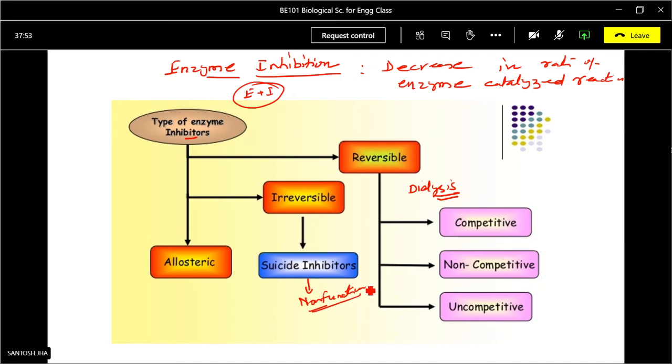and becomes a non-functional enzyme. There is one more type of inhibitor known as allosteric inhibitors, because on the surface of enzymes there are a number of sites.